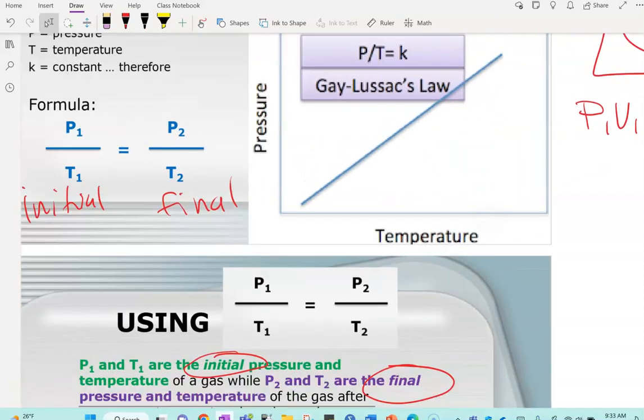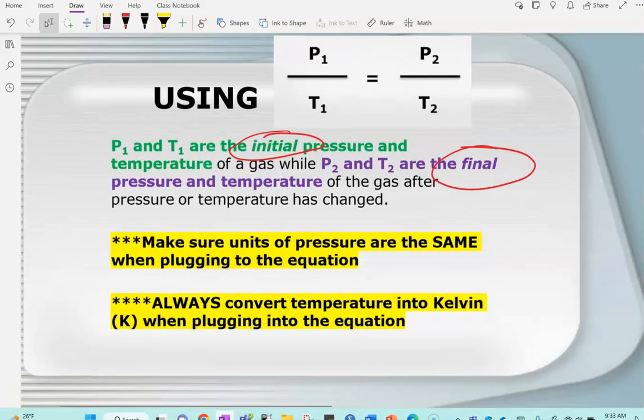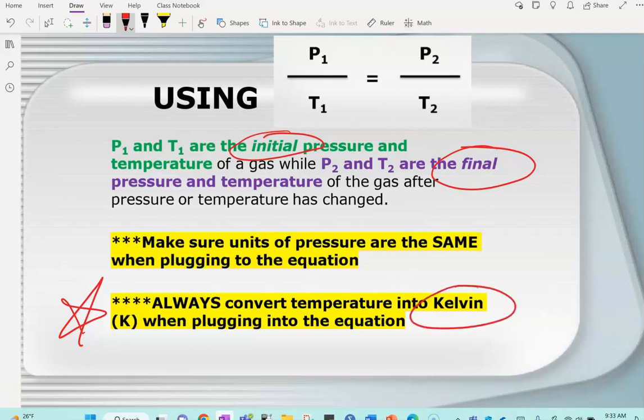Okay. However, with temperature, it's a little bit more important because whenever you are working with temperature and using these equations, you always have to get the temperature into Kelvin, because this particular equation was based on the Kelvin scale.